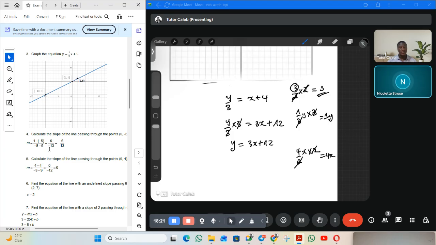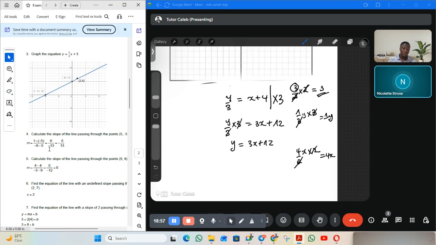My question is, I see 3x plus 12. So you just brought that down. I multiply everything here by 3. So if I multiply everything here by 3, I'll have y over 3 times 3, which gives me y, x times 3, which gives me 3x, and 4 times 3, which gives me 12.